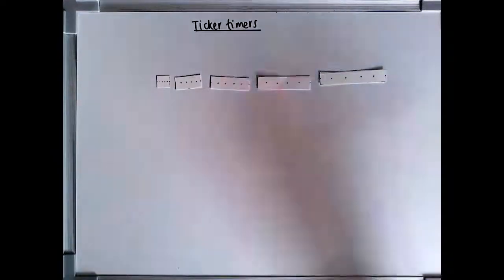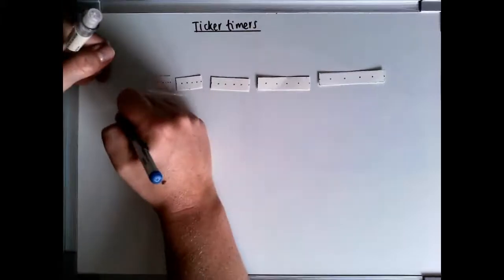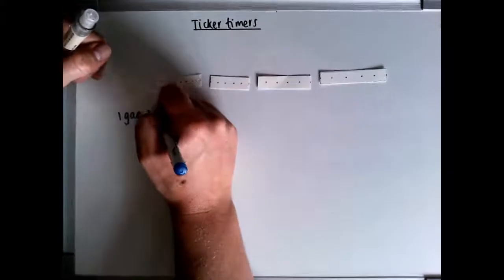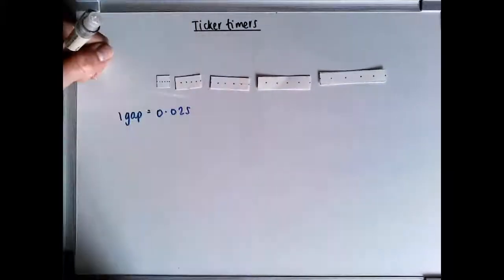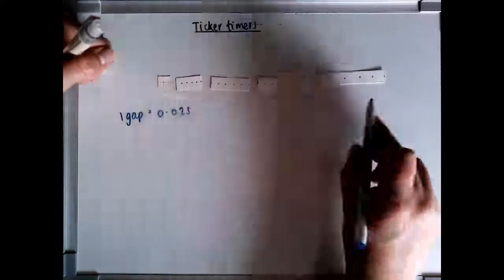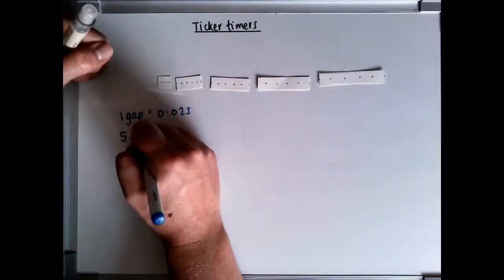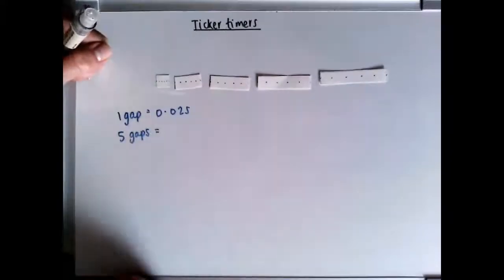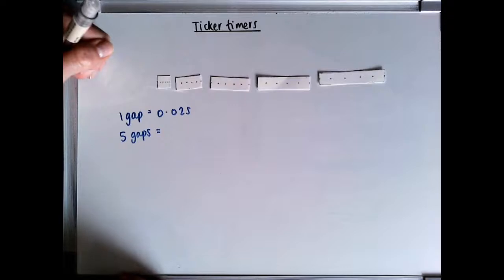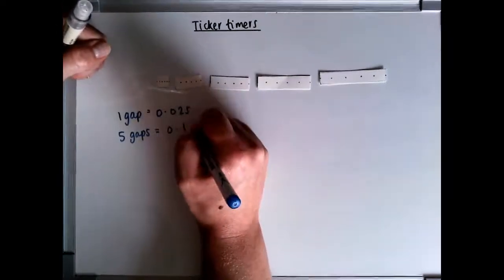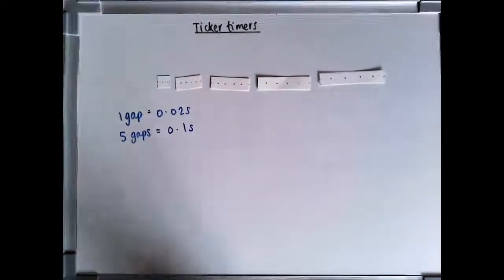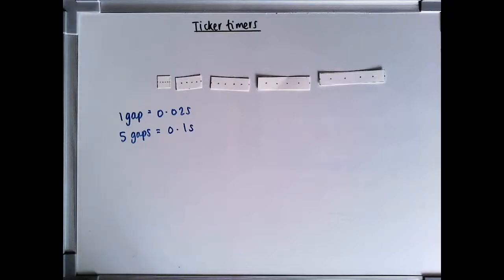Now I know that each gap is 0.02 seconds, and in each of these I've got 5 gaps. You should hopefully have seen that each piece of paper took 0.1 seconds to travel through the timer.